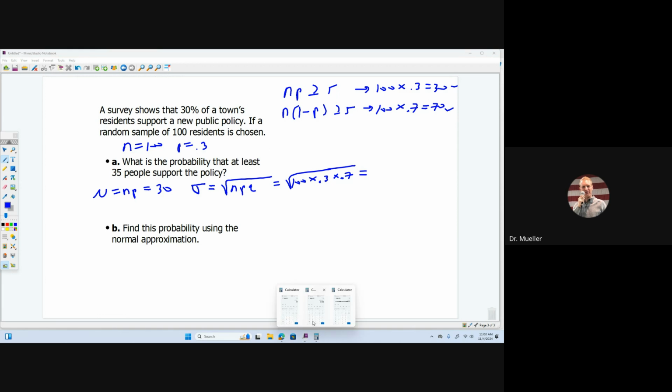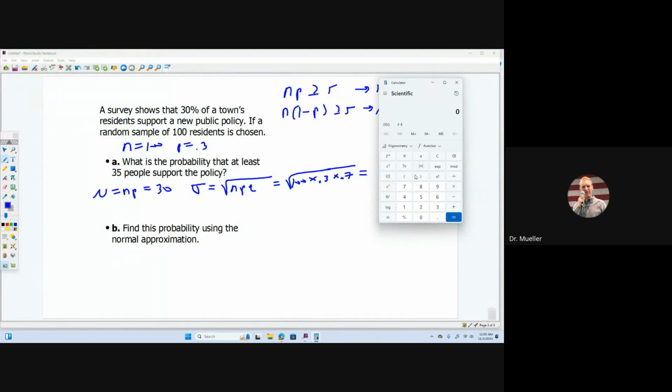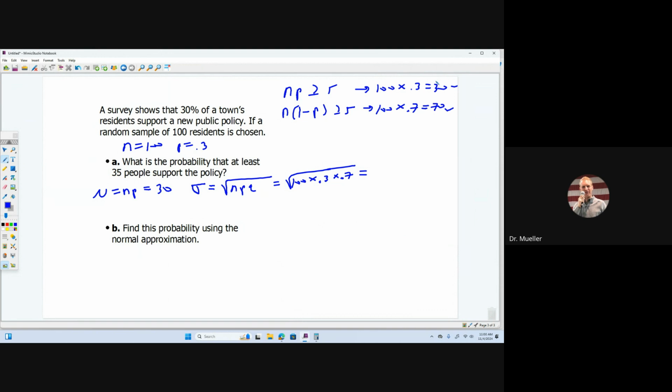So it's going to be 100 times 0.3 times 0.7, which is 21. And then you take the square root of that, you get 4.6. We're actually doing part B right now. I'm sorry. We're using the normal approximation. So the mean is going to be 30 and the standard deviation is 4.6.